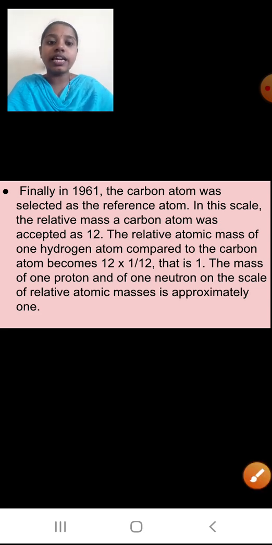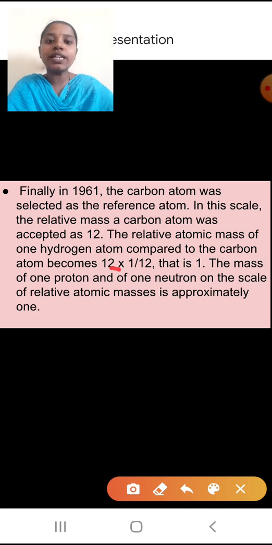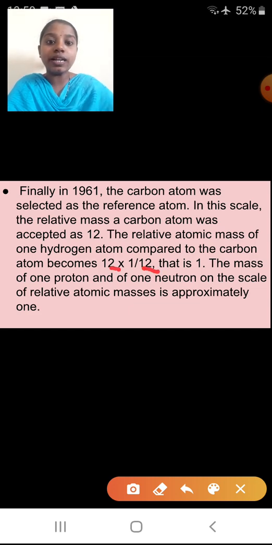Here can you see? This is my 12 that I took, multiplied by 1 upon 12. Then only I get the answer 1, which is equal to the atomic mass of hydrogen. Right? So like this I could compare all the atomic masses of different elements with the carbon atom. The relative mass of carbon.